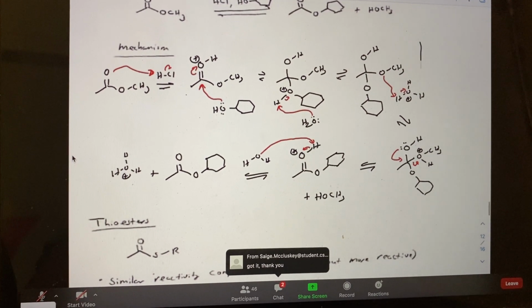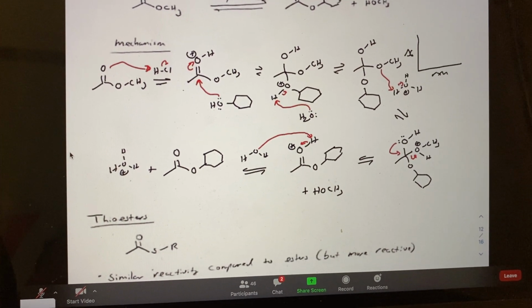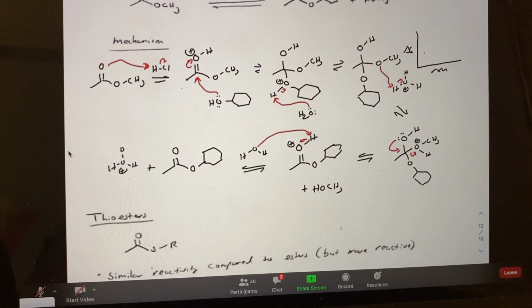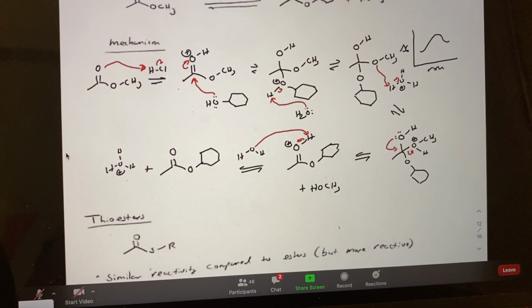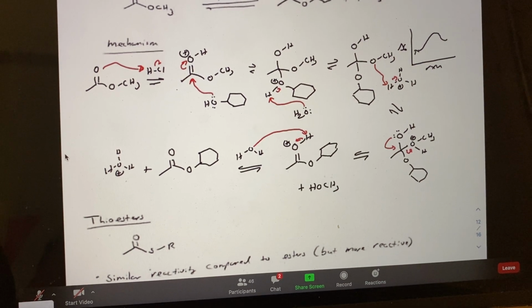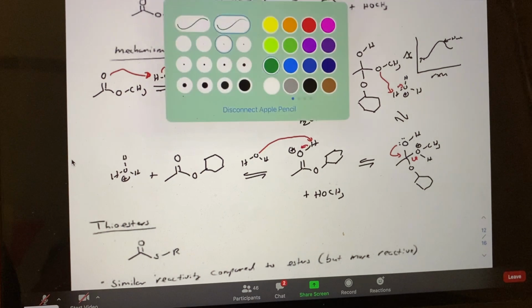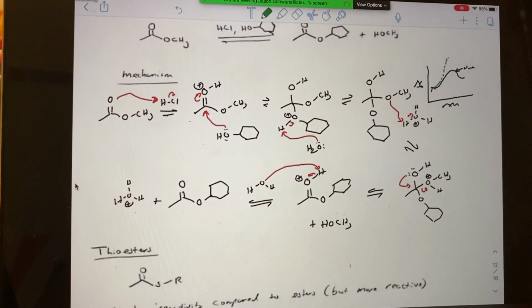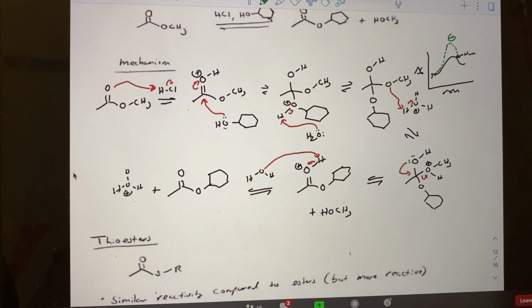I won't draw the whole energy profile, but if you're looking at delta G as a function of some reaction coordinate, you'd have the neutral species existing in some well here. This would be the neutral species. But what we're going to see is that the negatively charged species is going to be much higher in energy. So when we have a negative charge on it.